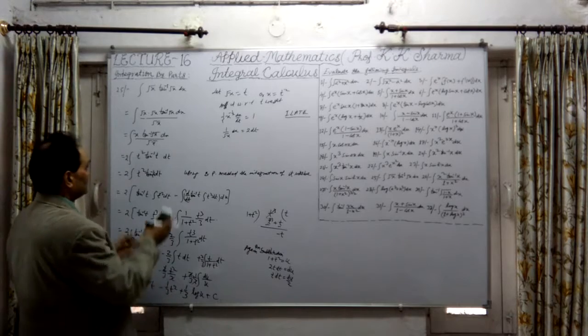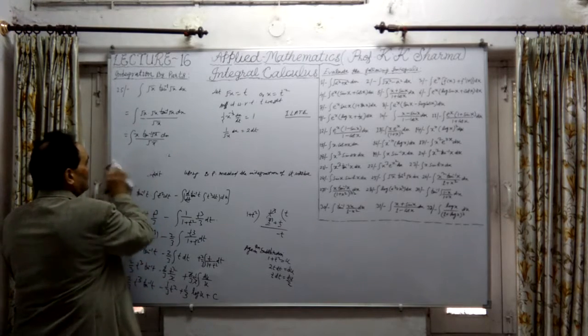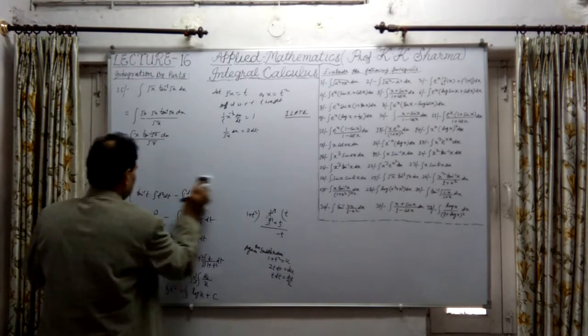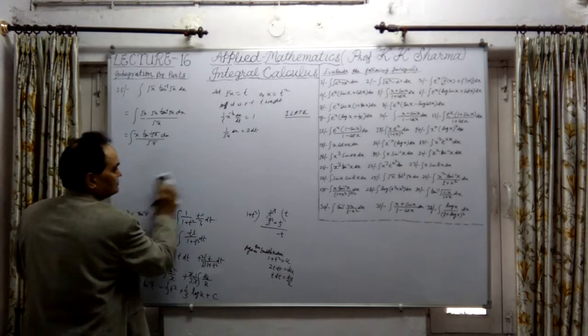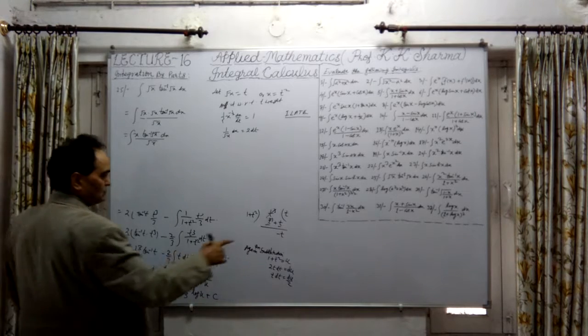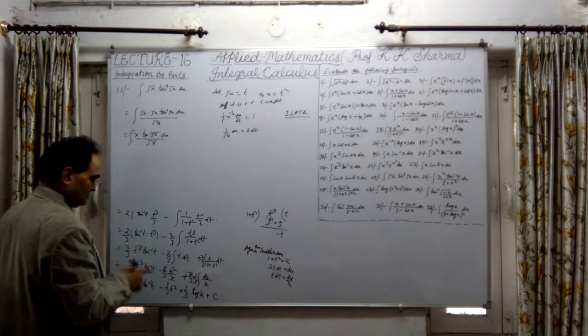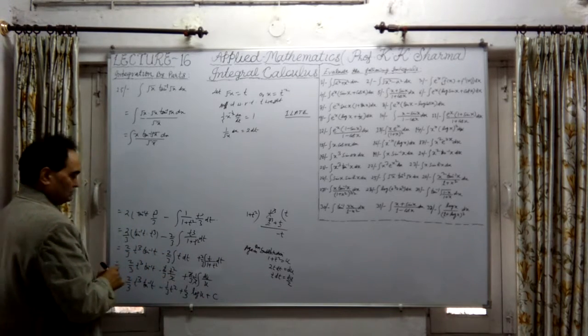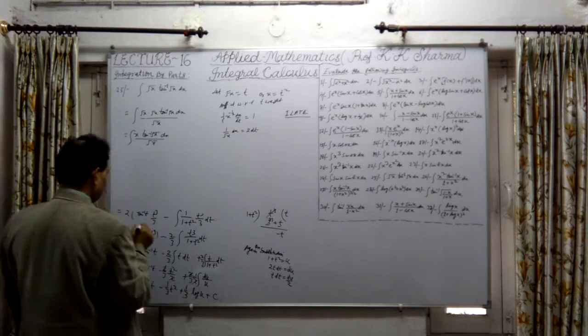Now let me write the answer here, which will be after converting t and everything. Okay, so x equals t square, and 1 plus t square we substituted again as u, so 1 plus t square equals u.